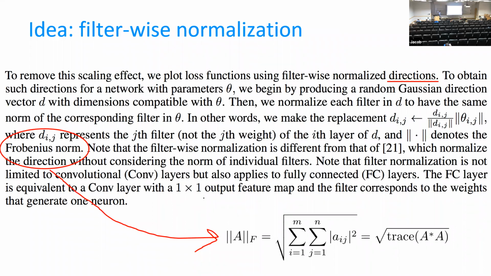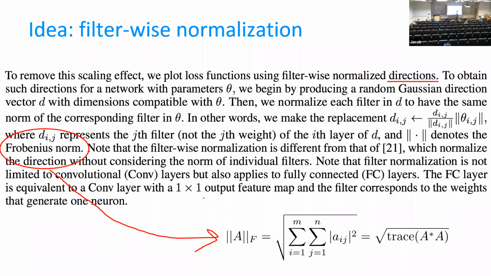Okay, so this is the trick of this paper that's going to try to solve this parameter scale invariance problem. It's called filter-wise normalization. Basically what you do is you take direction dij that came from selecting these random directions to vary our parameters in.